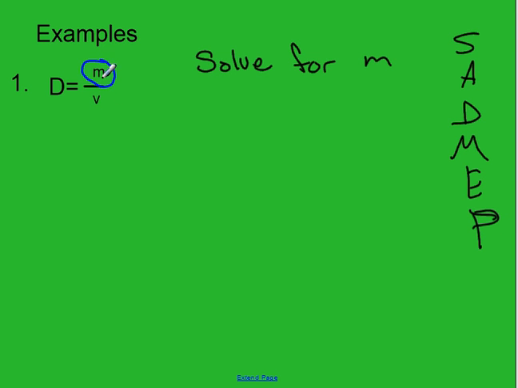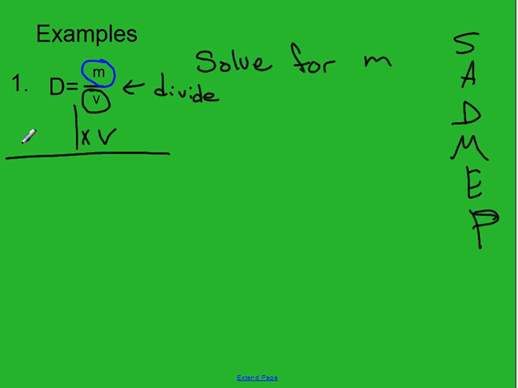To get m alone, we have to undo what's happening to m. Remember that a fraction bar means divide. All of these notes are things you should be writing in your notes. In order to undo this division, we have to multiply. So what are we going to multiply? We're just going to multiply by v, the thing that is doing the dividing.